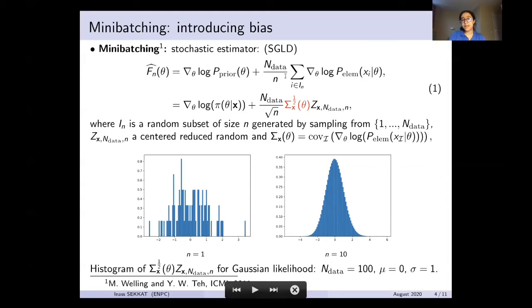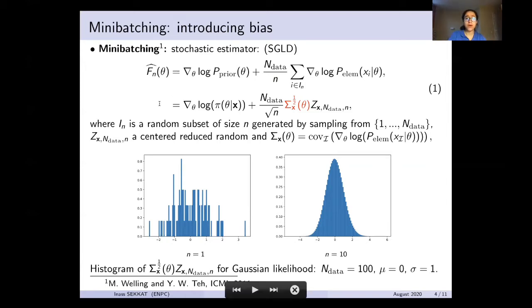So the idea is to choose randomly n points from our data to compute the gradient. The choice of the points can be done with or without replacement. We will consider that this is done with replacement in the following.